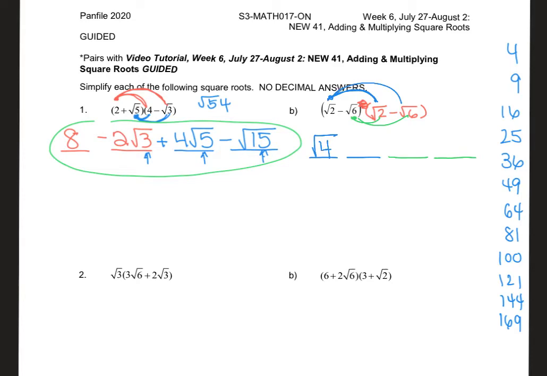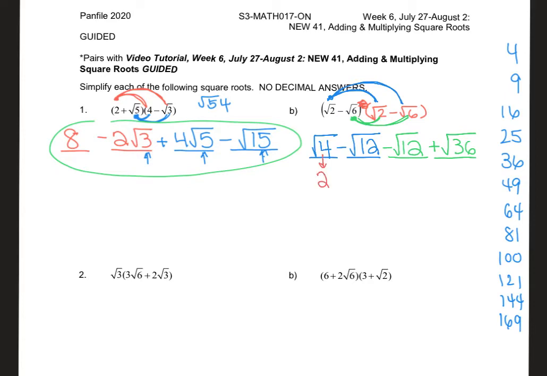Root 2 times negative root 6 gives me minus root 12. Negative root 6 times root 2 gives me a negative root 12. And then negative root 6 times negative root 6 gives me a positive root 36.